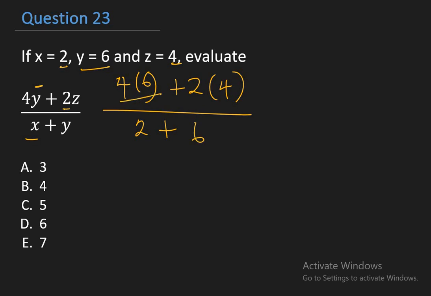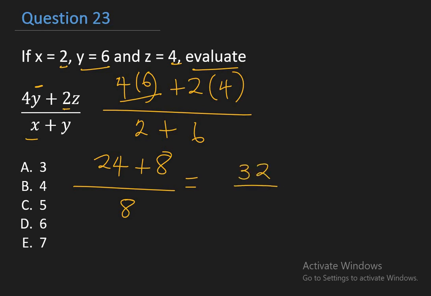So from the numerator, 4 times 6 is 24, plus 2 times 4 is 8. Denominator 2 plus 6 is 8. 24 plus 8 is 32. Divide by 8, which will give me 4, which is B.